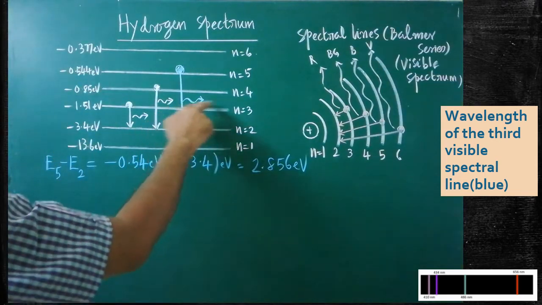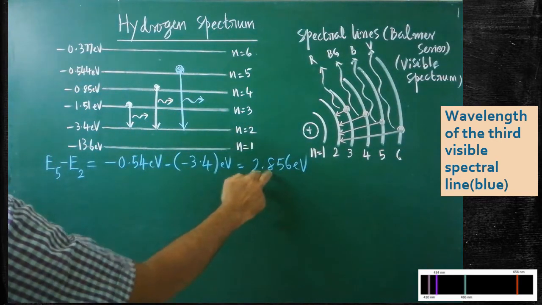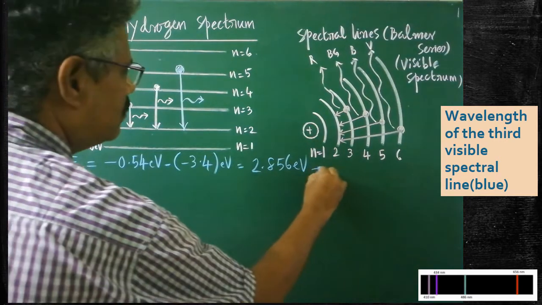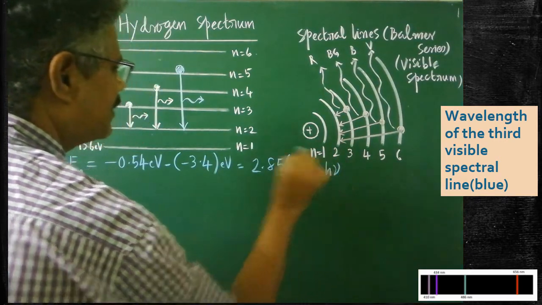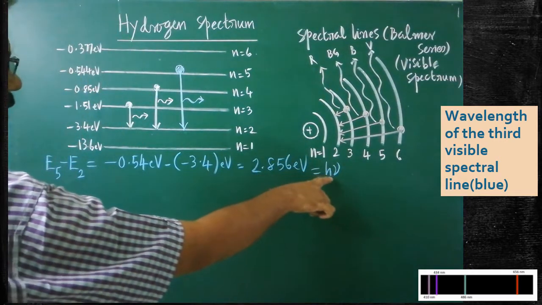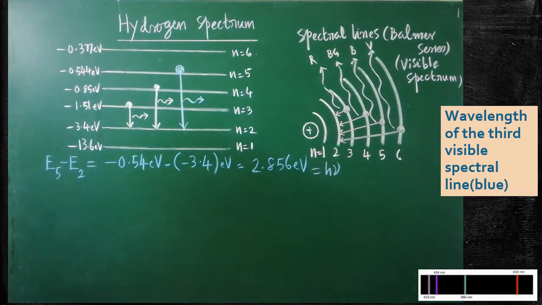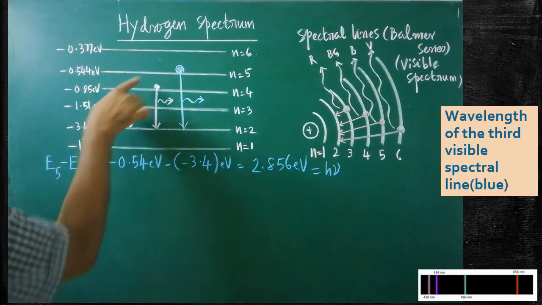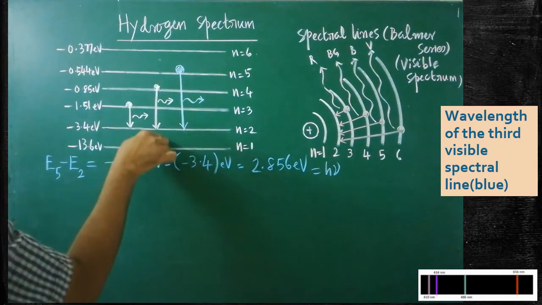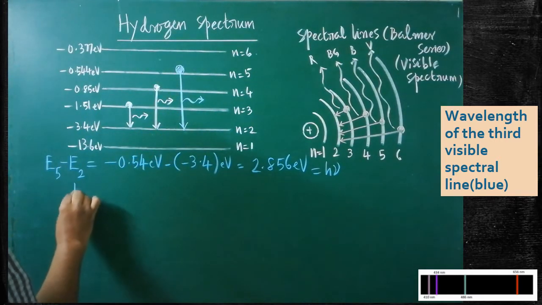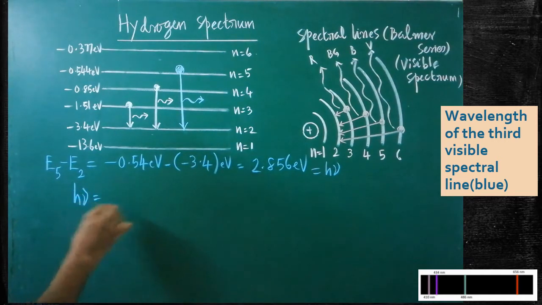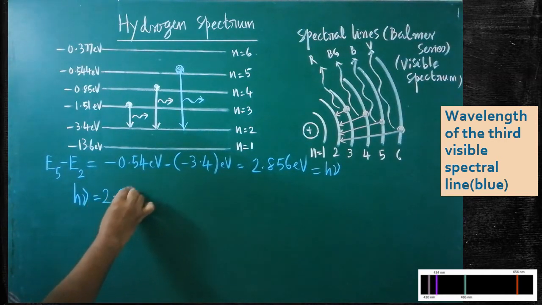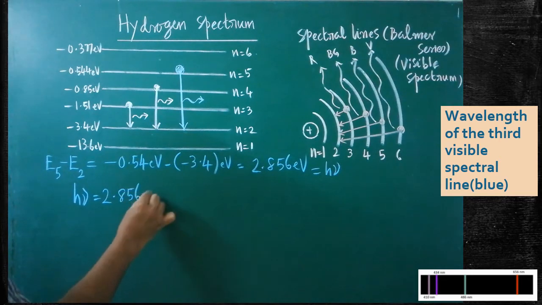The emitted photon will have this much amount of energy, which is equivalent to the energy of the emitted photon. The energy of the emitted photon can be calculated by the formula h nu. Therefore, the energy of the emitted photon can be calculated by calculating the energy difference between this and this. So h nu is equal to 2.856 electron volt.